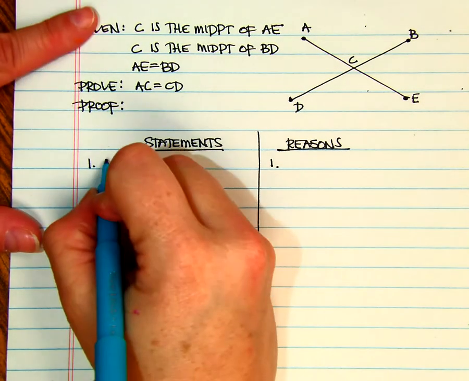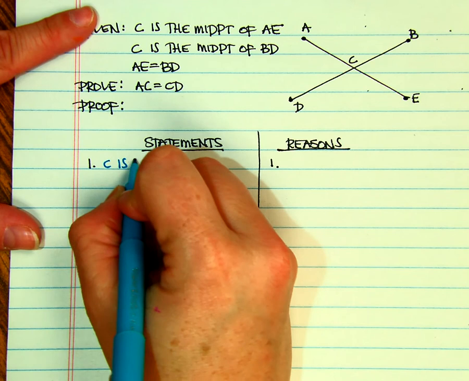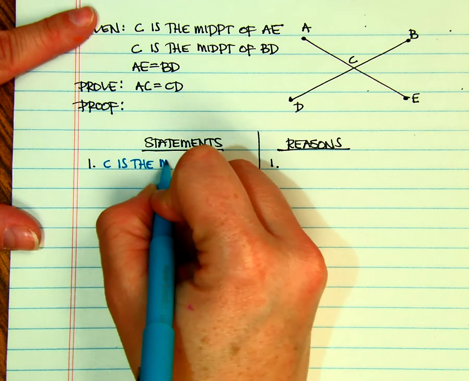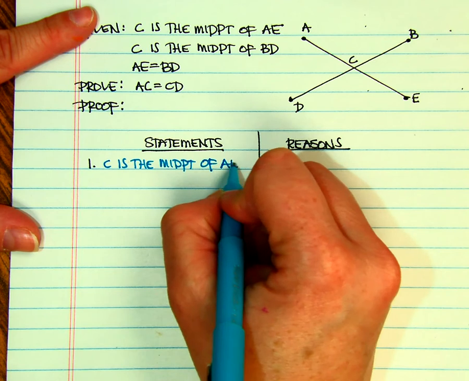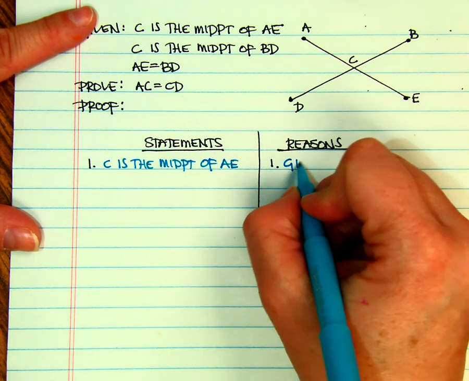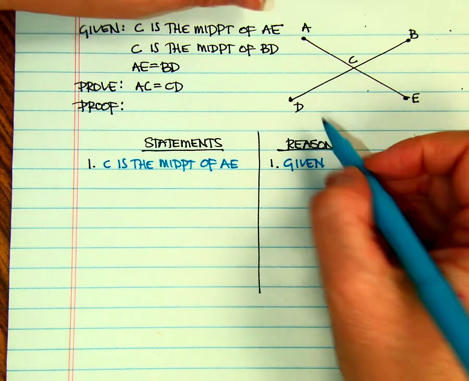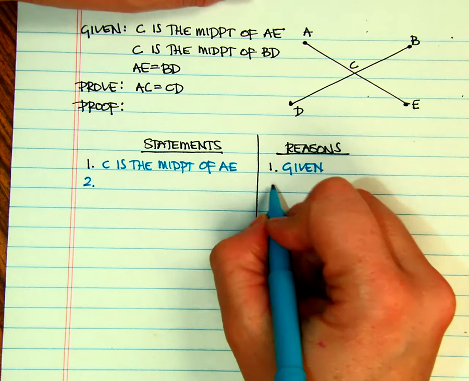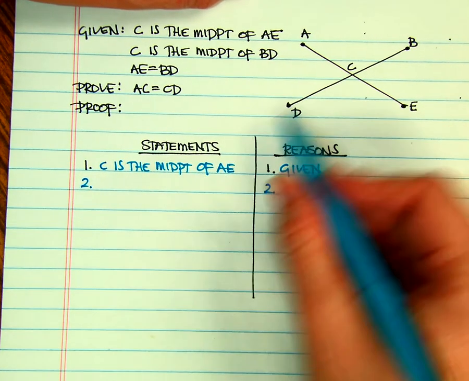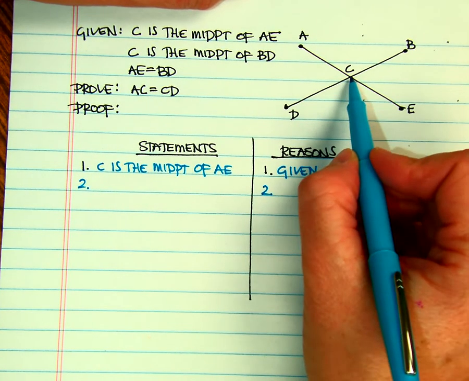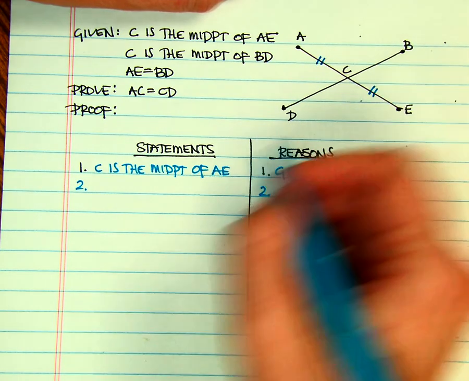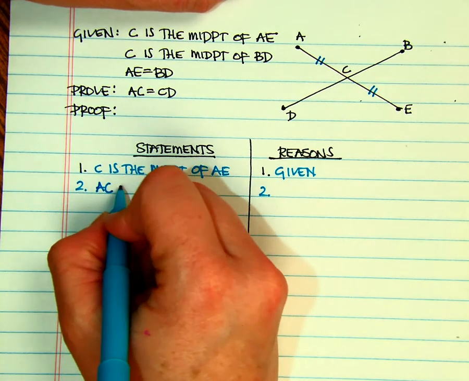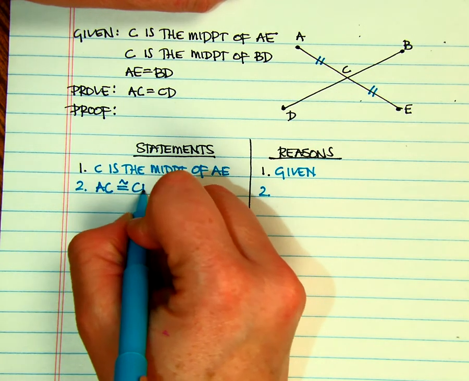So I have C is the midpoint of AE, and that is given. Okay, so this is what we talked about in class. What do I get from that? So if C is the midpoint of AE, then I know that AC is congruent to CE.